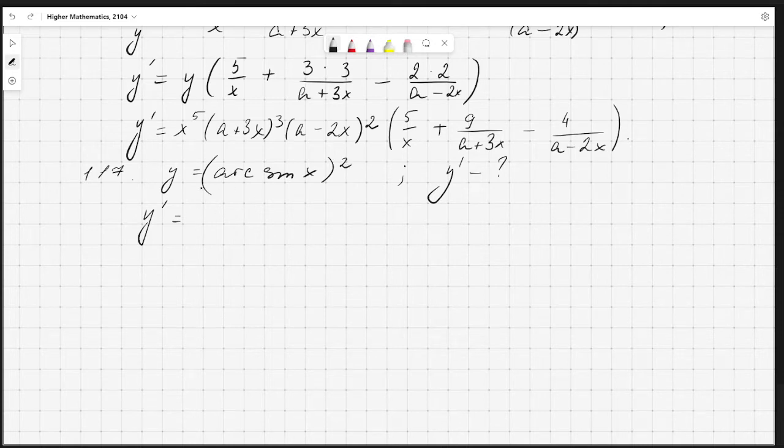It means derivative of u to the power of 2. It is 2 times u prime. I have 2 times arcsine times arcsine prime.